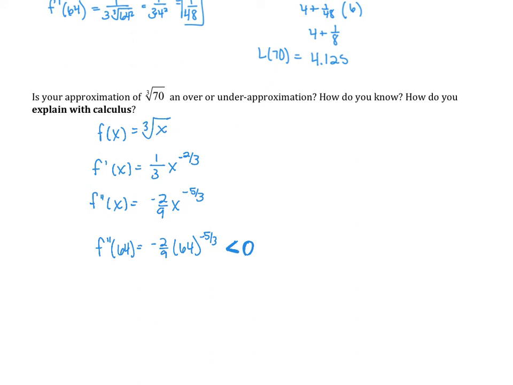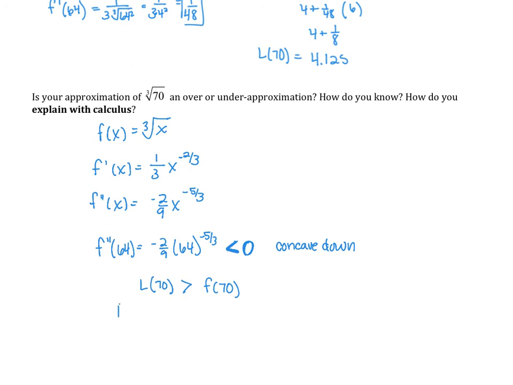It means that the original function is concave down at that point. We knew that. We could see the picture up above. But to prove it using calculus, this is what it looks like. So what I know then is that my linear approximation at 70 is greater than the function value at 70. So this tangent line over approximates.